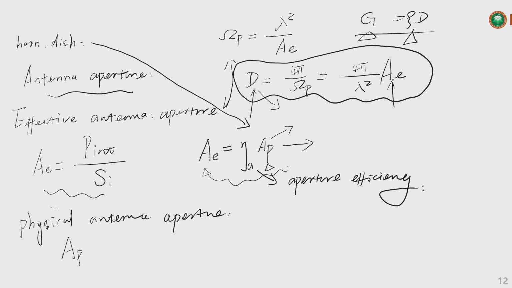So that's just for one antenna, right? If we have two antennas, take a horn antenna as an example, the first antenna, and we have another antenna in this direction.